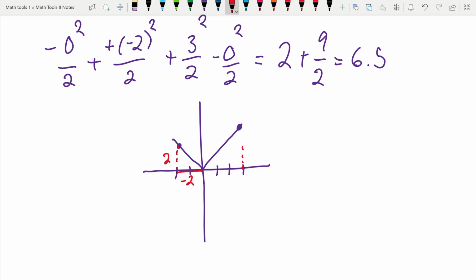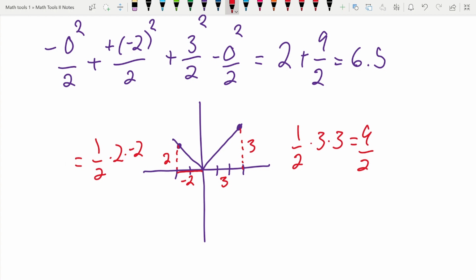And this is one with height 3 and width 3, right? So this one is going to be 1/2 times 3 times 3, so 9 halves. And this side is going to be 1/2 times 2 times negative 2, so negative 2.